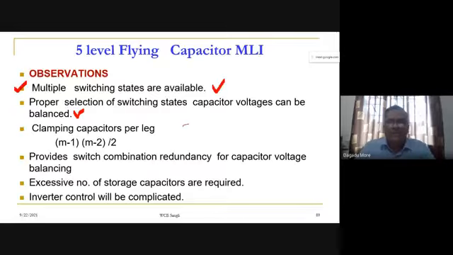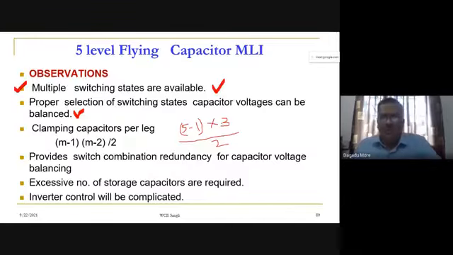M is the level, so (5 minus 1), that is 4, multiplied by (5 minus 2), that is 3, divided by 2. 12 divided by 2 means it will require 6 capacitors per leg for a 5-level multi-level inverter.